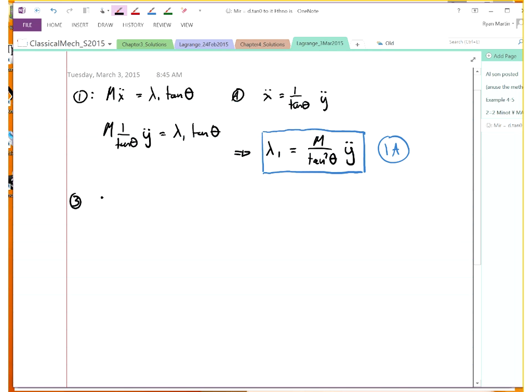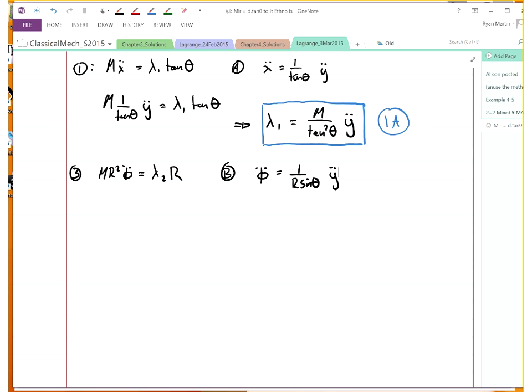Okay, now let's look at equation 3. Equation 3 from the previous page was m r squared y double dot equals lambda 2 capital R. And then equation B, we're going to use, equation B was phi double dot equals 1 over R sine theta y double dot.